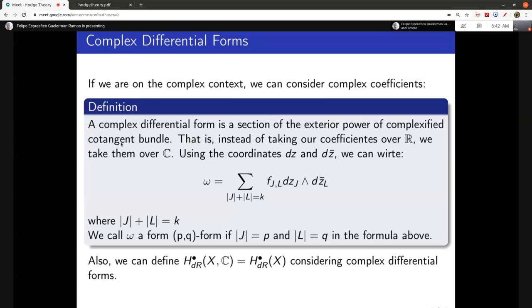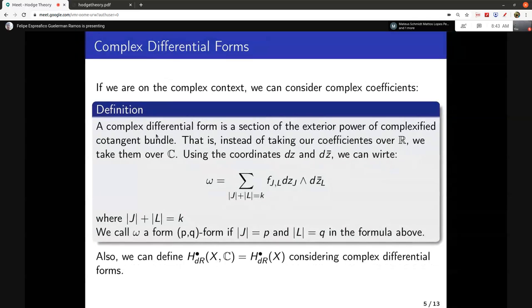So instead of considering just the cotangent bundle, we consider the complexified cotangent bundle, which means we are taking the tensor product over R with C. But if we simplify, this means that we are just taking our coefficients over C. So these functions are still smooth functions. We are not considering anything holomorphic. We are just considering smooth functions, but instead of smooth functions to R, we are taking smooth functions to C.